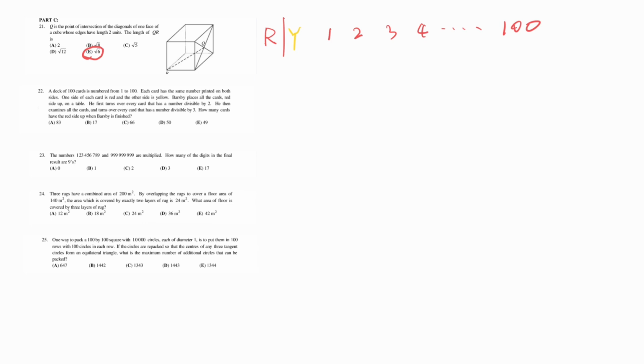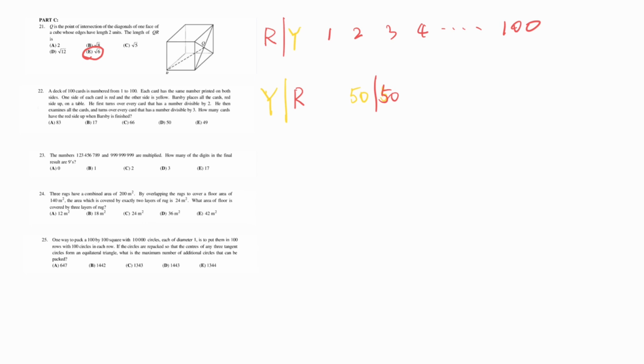From 1 to 100 there are 50 even numbers. So the even numbers turned over will now be yellow, with red on the other side. So now there are 50 yellow, and the other side is 50 red. That's the 2 sides of the card.